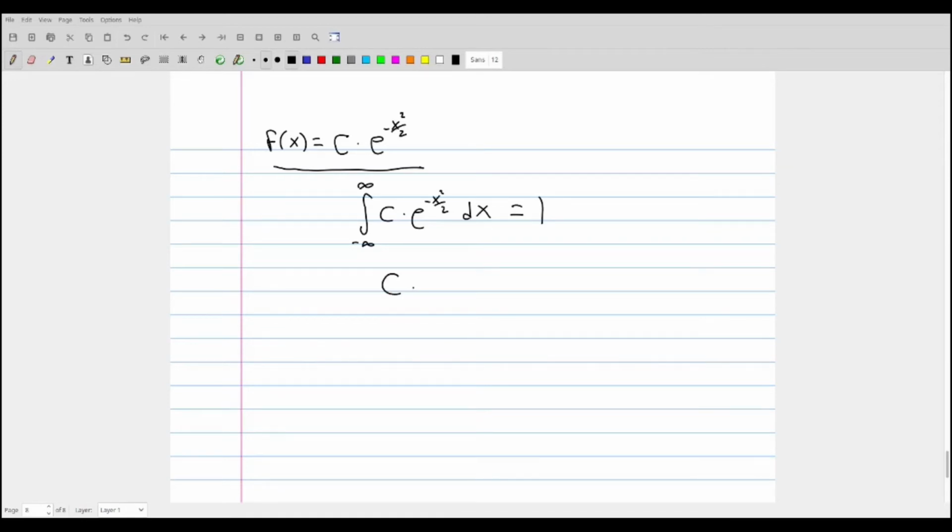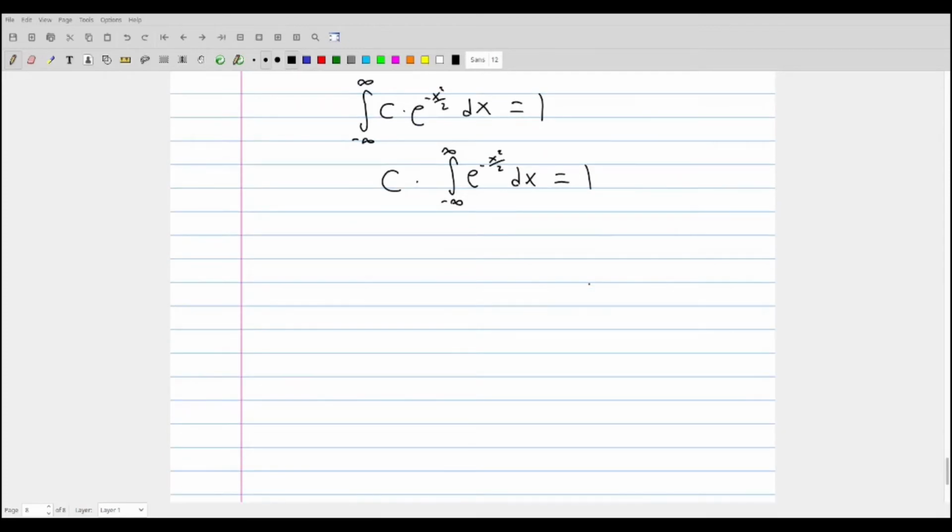So this is the same thing as c times the integral from negative infinity to infinity of e to the negative x squared over 2 being equal to 1. And just for simplification, we'll call this I, because this is the integral that we want to figure out now.